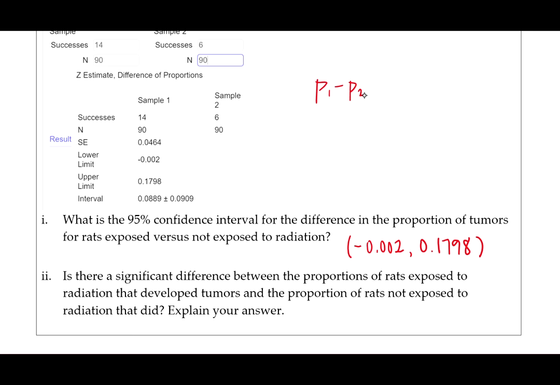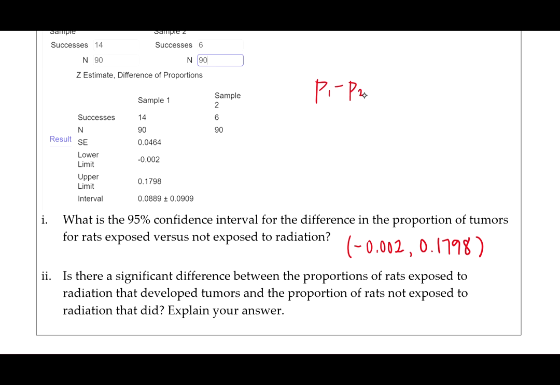So if 0 is a likely value for the difference between proportions, then we would say that the two proportions could be the same. If 0 is not a likely value, then we would say that there is a significant difference. Remember that confidence intervals give us a range of likely values.